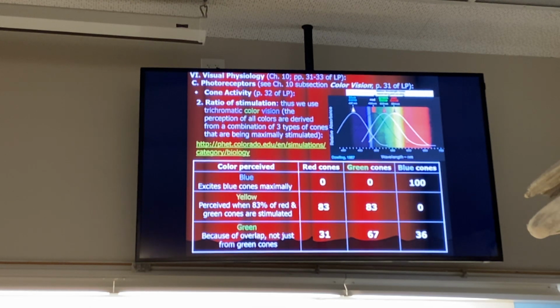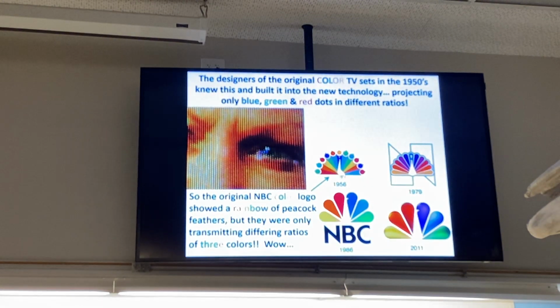So in an area that was yellow, 83% of the red dots would project, 83% of the green dots would project. Your brain would see it as yellow, even though there are no yellow dots. Everybody get it? Isn't science bitchin' when you actually pay attention to it?